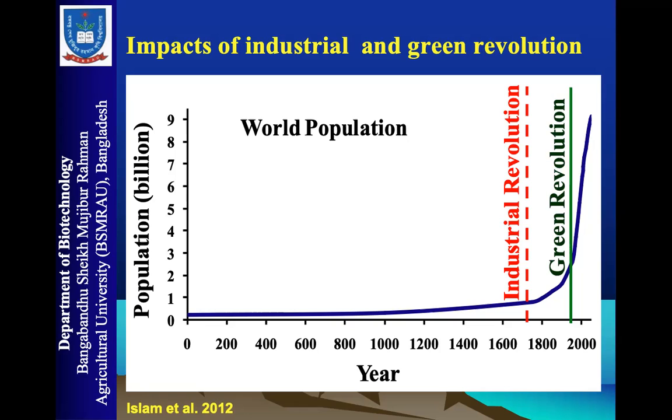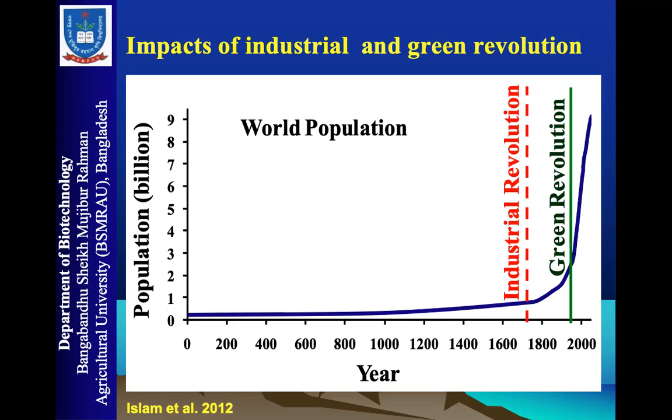Another man-made revolution was the green revolution. Before the green revolution, why was the population almost static? Because humans were very helpless. Food security and different diseases automatically controlled the human population.